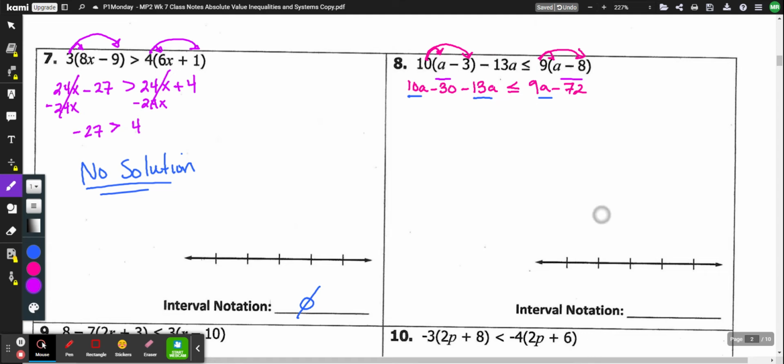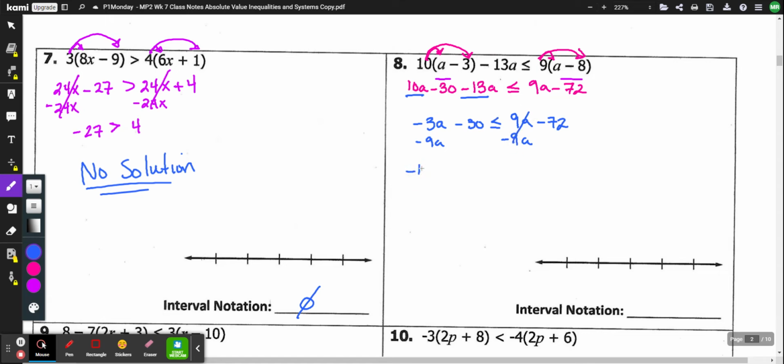Let's combine 10a and negative 13a. We'll combine like terms. That's going to give us negative 3a minus 30 is less than or equal to 9a minus 72. Now let's bring this 9a to the other side by subtracting 9a.